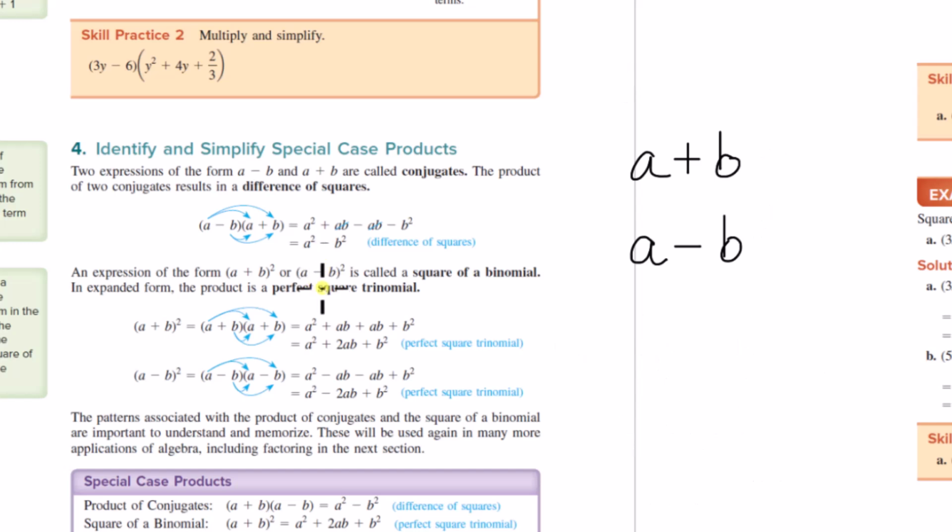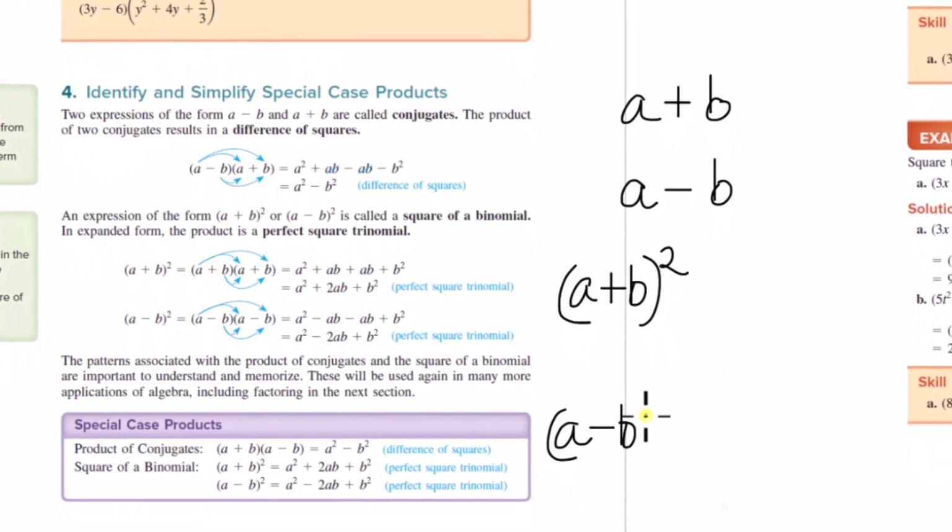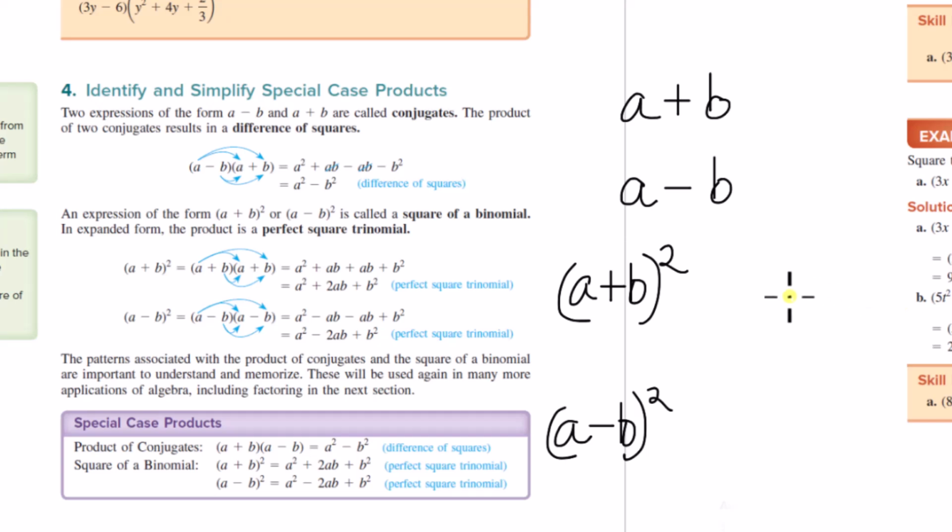Okay? Now what happens if we multiply either one of these by themselves? What happens if we do a plus b squared or a minus b squared? Well, we've got a plus b times a plus b.